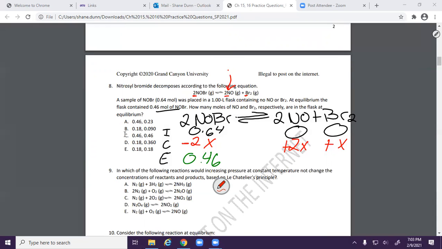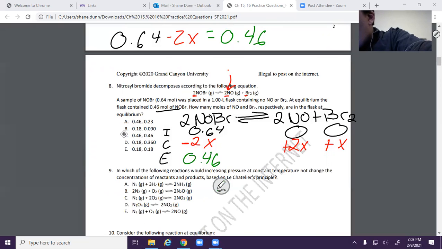So, you guys need to figure out how to do this. 0.64 minus 2x is equal to 0.46. Hey, zoomies, real quick, you can see my screen, right? You can see the numbers I'm writing? Yep, okay. I'll make sure you see the numbers I'm writing, because that'd be really bad if you weren't. It's 8 questions we went over with nothing. Okay.